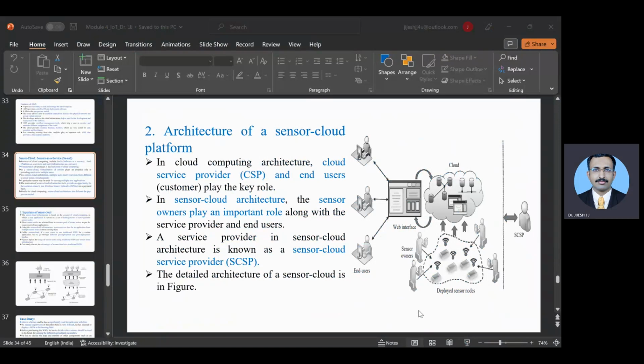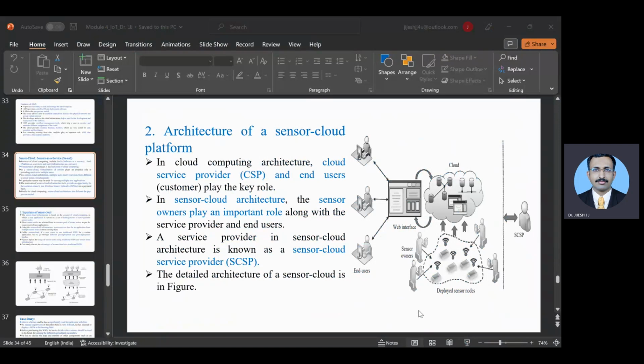For example, one person deploys entire sensors to a field. He is the owner for that. Once you are using those facilities, you need to pay for whatever facilities you are using, and you need to use those facilities as and when it is required for you.